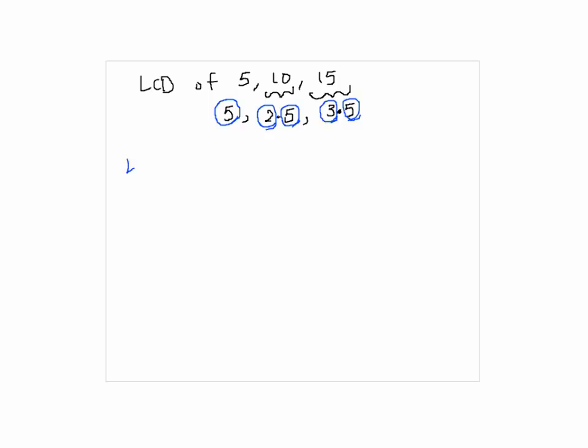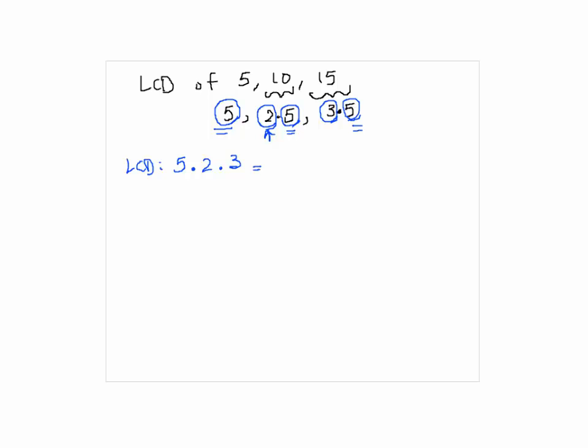To find the LCD, you need to compare the groups of 5. In this case, we have them equally alike, so we pick 5. And then we have one group of 2 here, no group of 2 anywhere else, but we need to pick the largest of all, so we pick 2. And we do the same thing with 3.